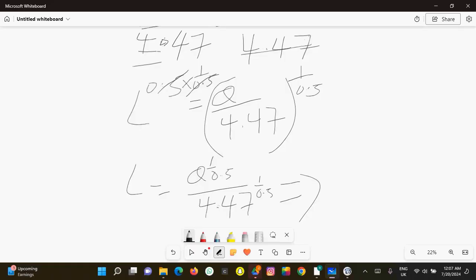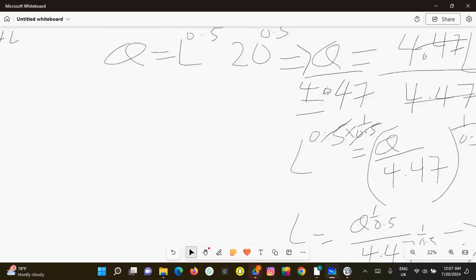So L is equal to Q squared over 4.47 squared, and we are getting approximately 20. Okay. So now L is equal to Q squared over 20.